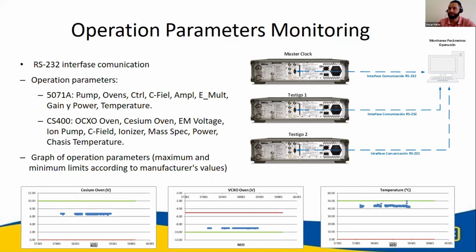What we do here is that, for example, for the 5071 cesium, we ask for the oven information, the C field, E mode, gain, power, temperature, and for other models, similar values, to generate the graph of the operation parameters. In this, we plot the maximum and minimum limits according to the manufacturer values, and compare with the results that we get from our cesiums to see the health of the clocks.